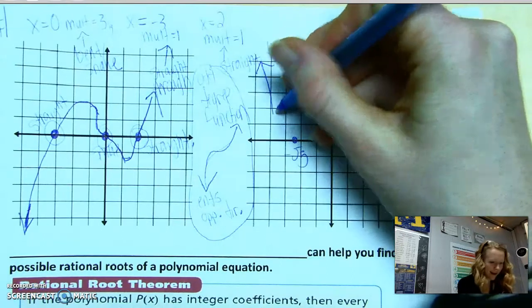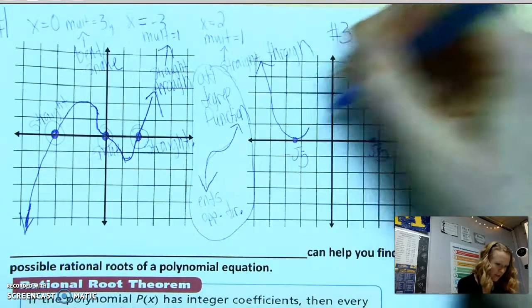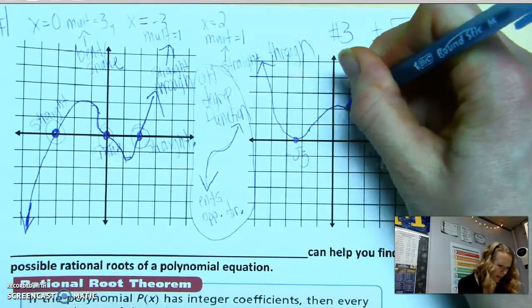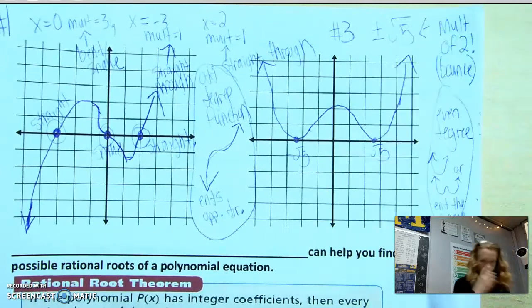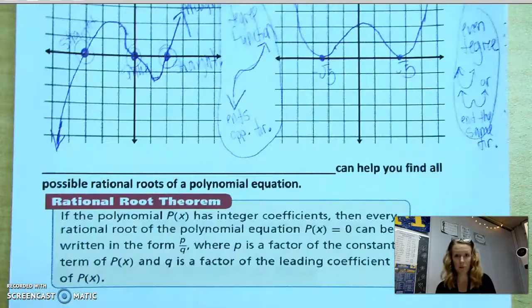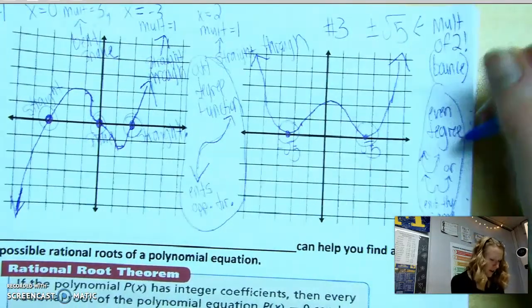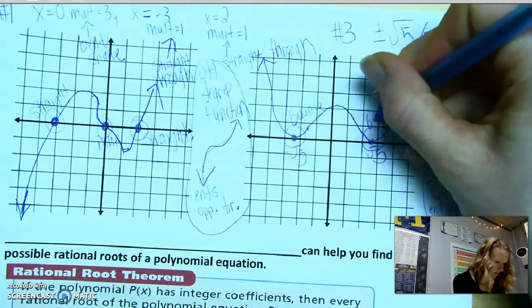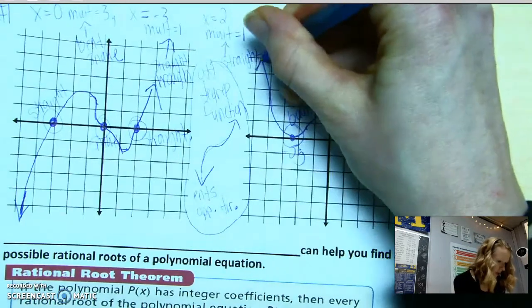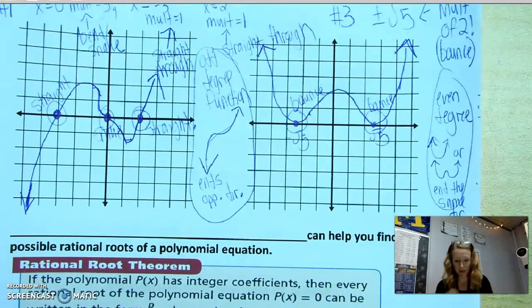Okay, so if I have, once again, my multiplicity of 2 means I bounce off. Somehow I need to come back down to this root again, so I'm going to have to come back down and then bounce back off, and then off I go. Am I expecting this to be perfect? No, but I'm expecting to see you graph your zeros and somehow at least say that they bounced. And you should know if it goes the same direction or opposite directions. Remember, odd is always opposite.